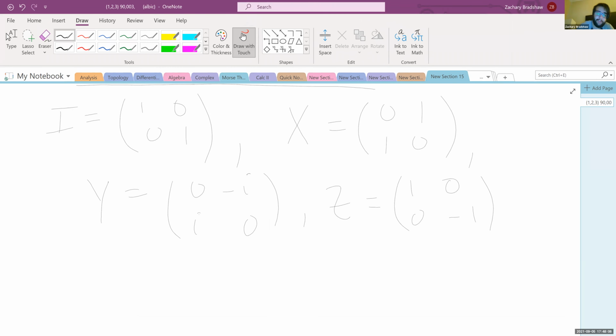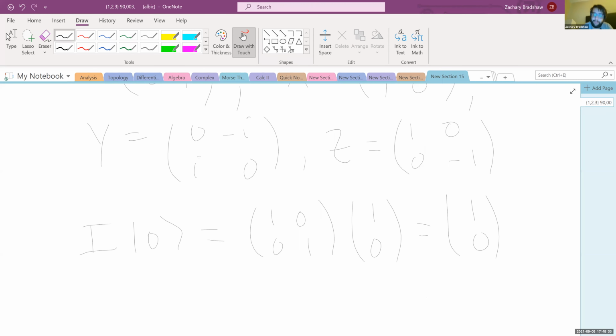So we can ask the question, how does the identity act on 0? In the matrix notation, this is 1, 0, 0, 1, and this 0 ket is the same as the column vector 1, 0. Now we just do the matrix multiplication. We multiply the row by the column, we get 1, 0, and we can convert back to our ket notation.